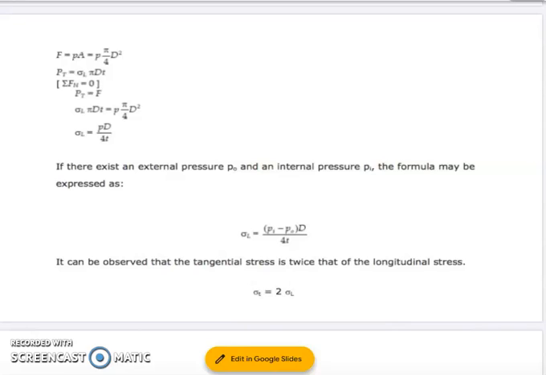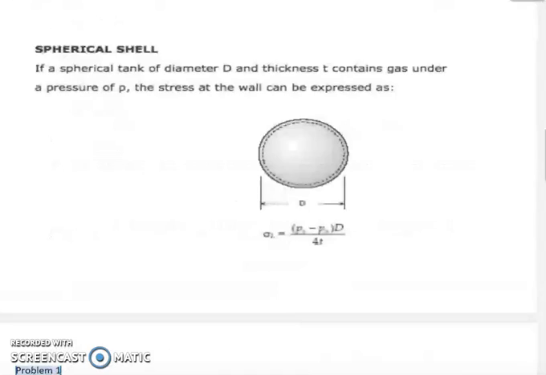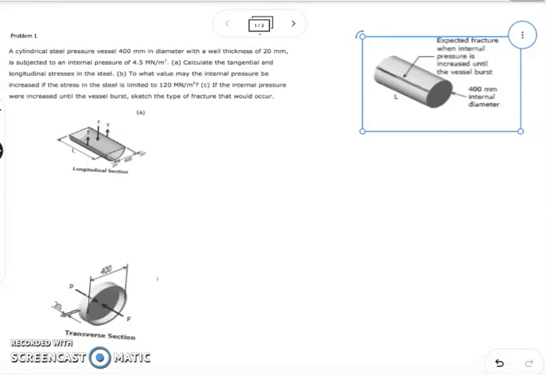For a spherical shell, if a spherical tank of diameter D and thickness T contains gas under a pressure of P, the stress at the wall can be expressed as stress equal to P sub I minus P sub O times the diameter all over 4T.